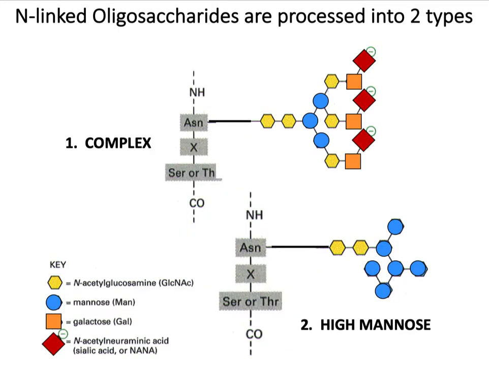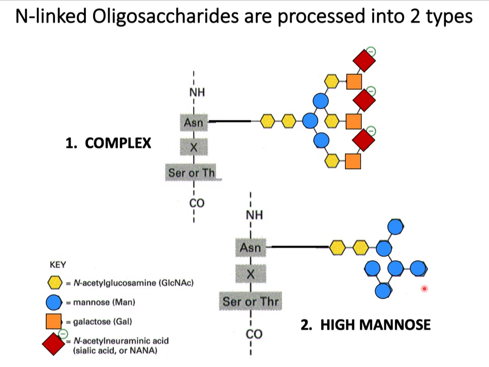So we are talking about the N-linked oligosaccharides, and these are sugar modifications on asparagine residues on these secretory proteins. There are actually two classes of N-linked oligosaccharides. Let's start with the second one, and they are called the high mannose N-linked oligosaccharides. As their name suggests, they are high in mannose, shown in blue, and they are formed in the same initial steps for addition of that very large oligosaccharide complex.